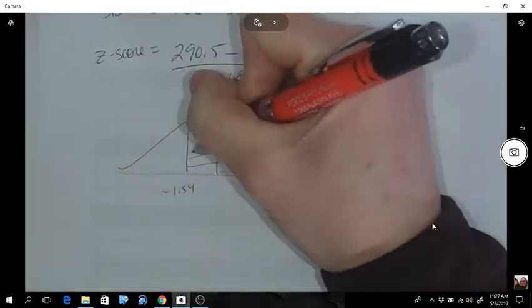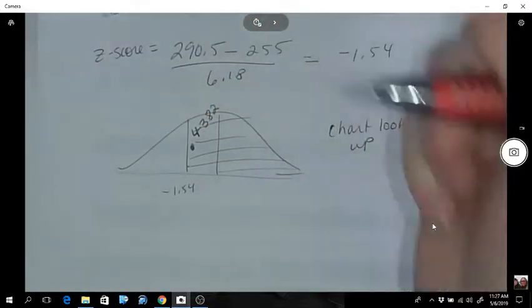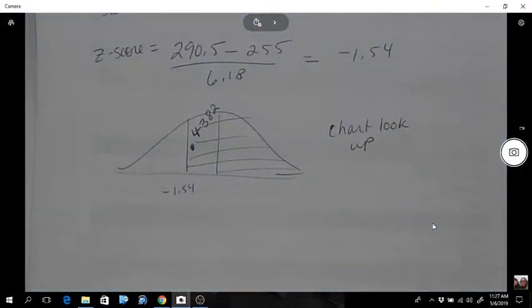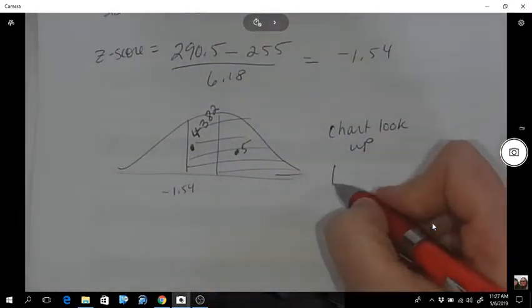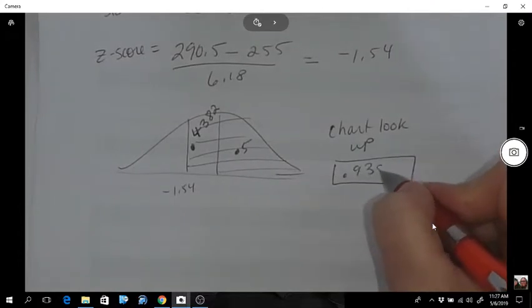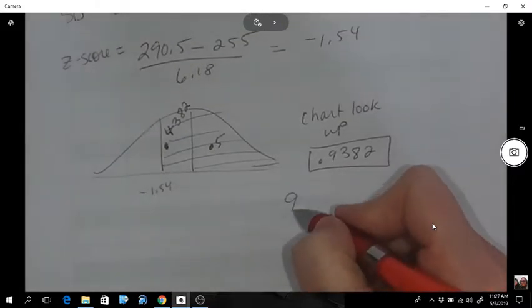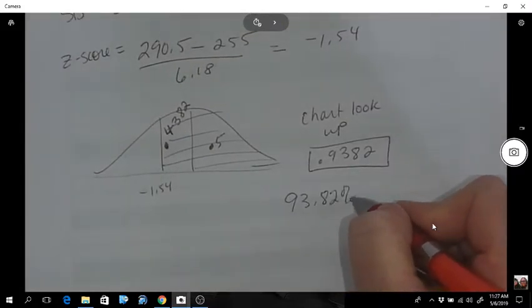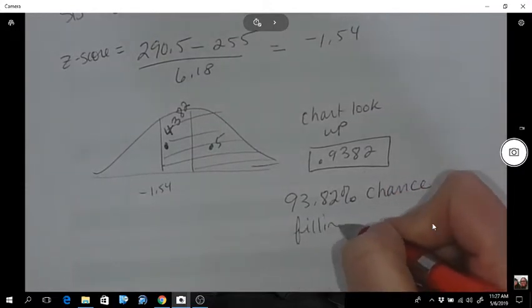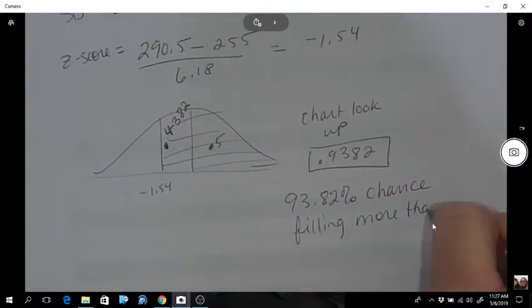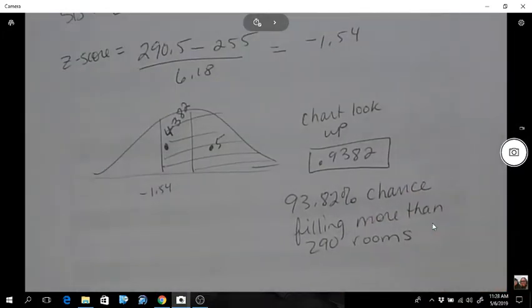And the chart gives us 0.4382. So the final probability would also have to include that 0.5. So 0.9382. So you have a 93.82% chance of filling more than 290 rooms. That's what that is meaning.